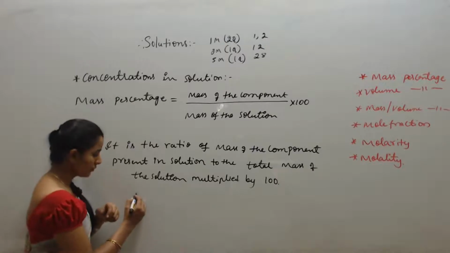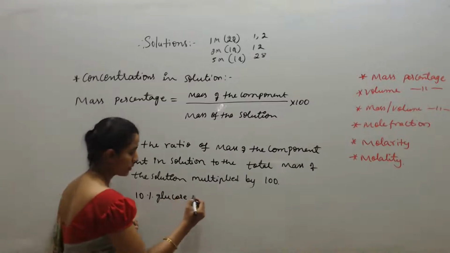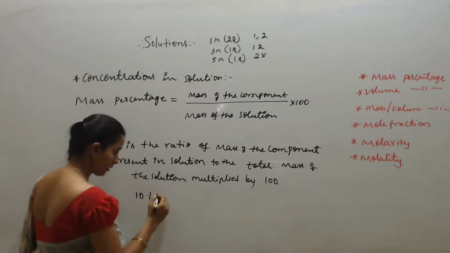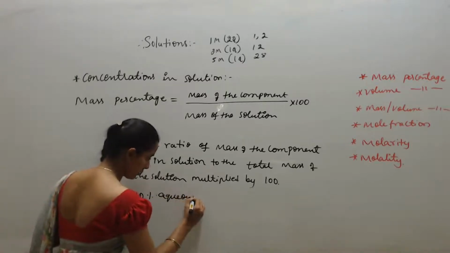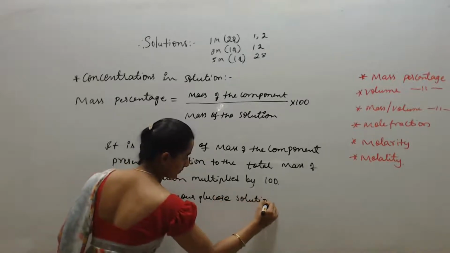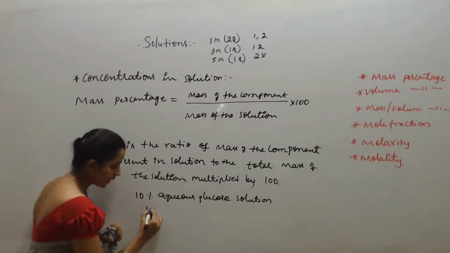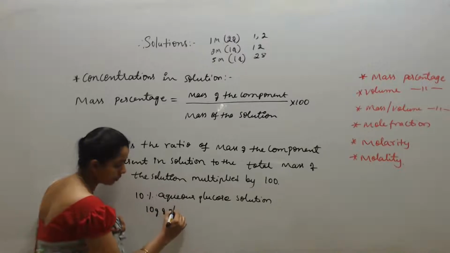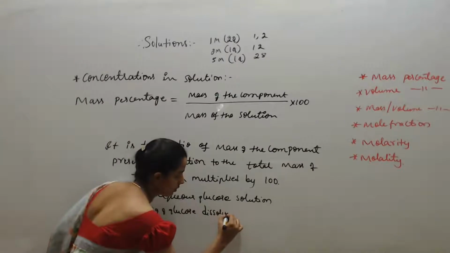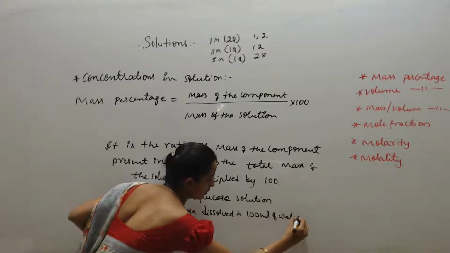So listen, 10% aqueous glucose solution means 10 gram of glucose dissolved in 100 ml of water.